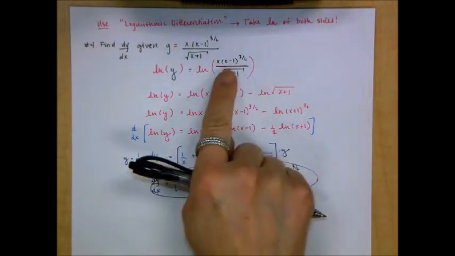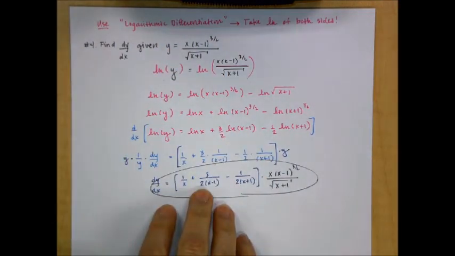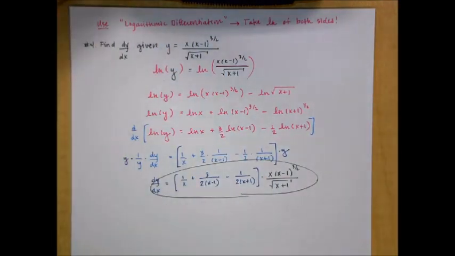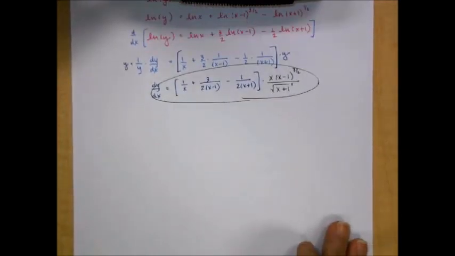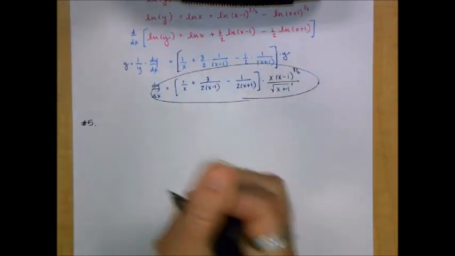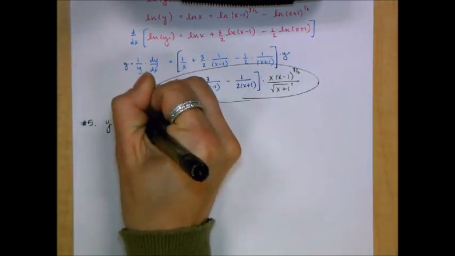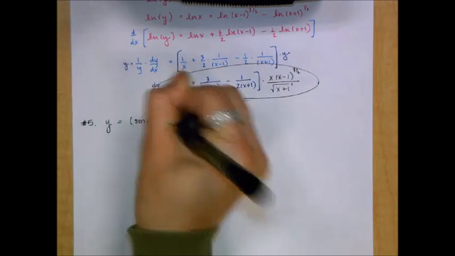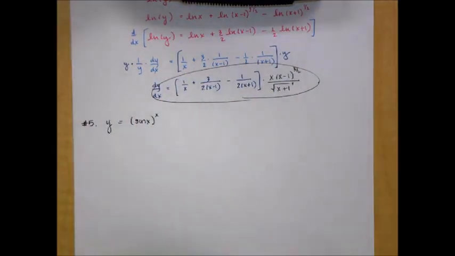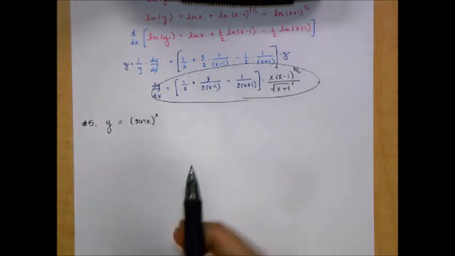Okay? So we're going to see one more example of this. All right, so it says y is equal to sine x to the power x. So even if you didn't introduce a log to both sides, last time you had an option.